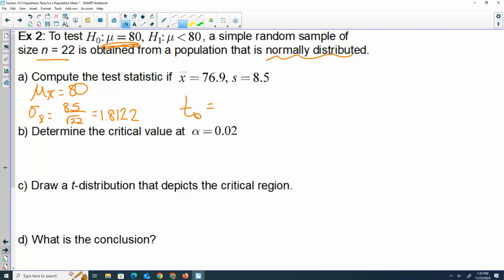So our value, 76.9, minus the mean of the population, divided by the standard deviation. Negative 1.71.